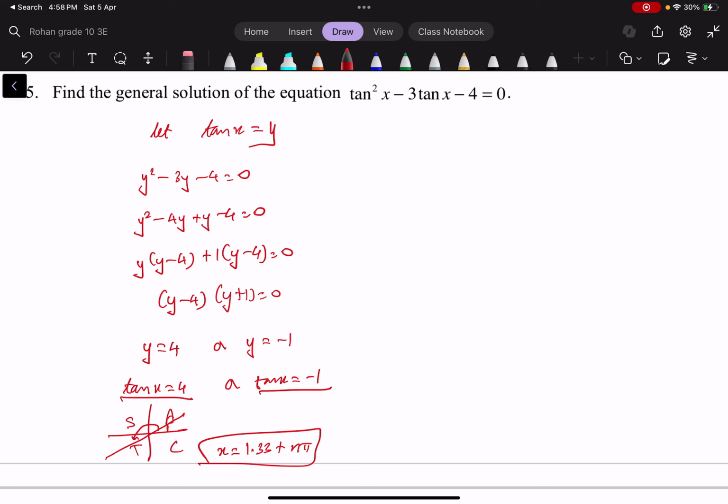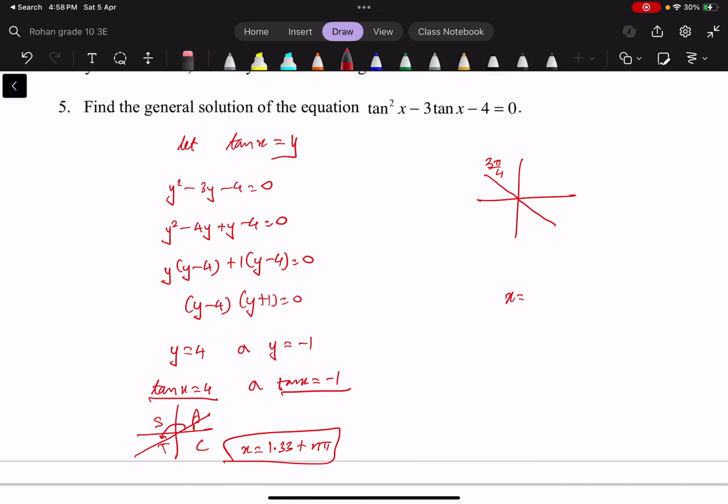Now, minus 1 would be 3 pi by 4, or 7 pi by 4. But we won't write 7 pi by 4. We'll write plus n pi, because when you take n as 1, you'll get 7 pi by 4.